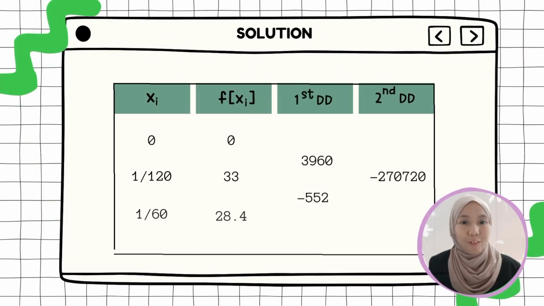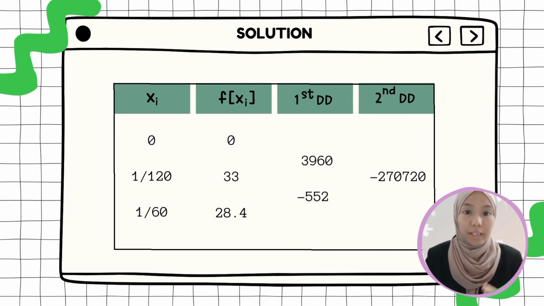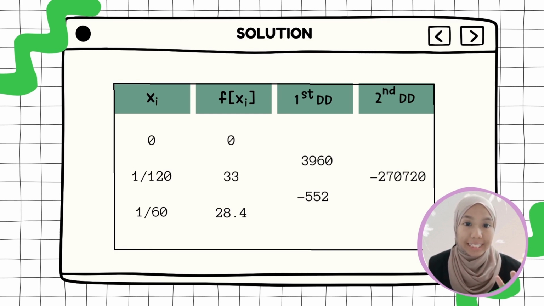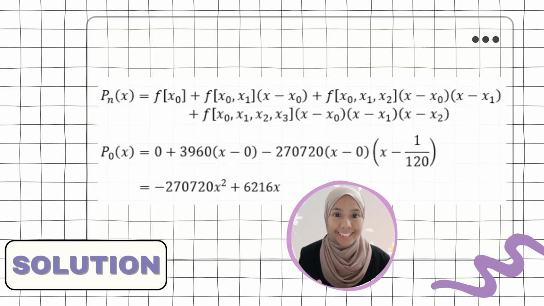Next, we move to the solution. This is the Newton forward divided difference table. This is the table for the first function that includes the values of x, function x, first divided differences and second divided differences. Next, we use the Newton forward divided difference interpolation formula to find an interpolating polynomial so that we get this equation.